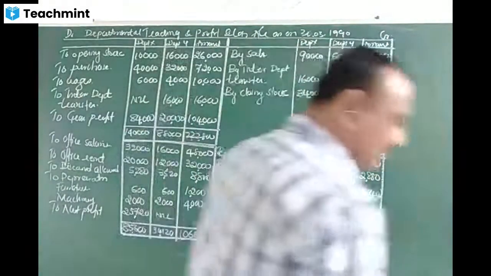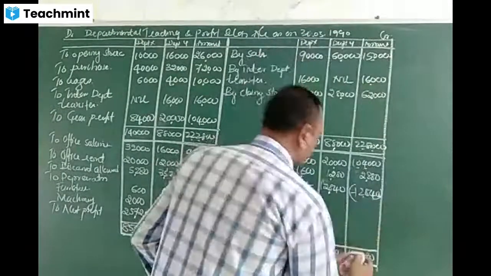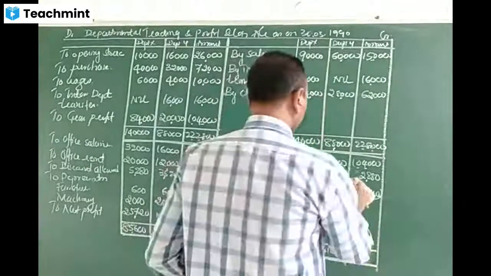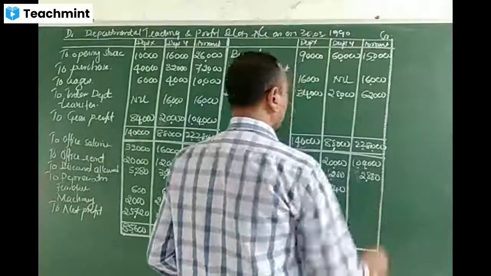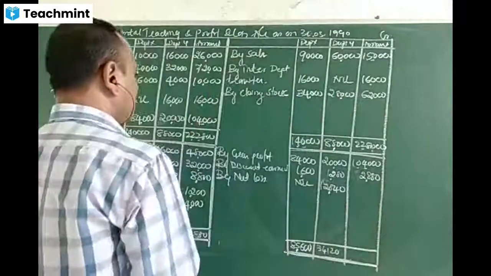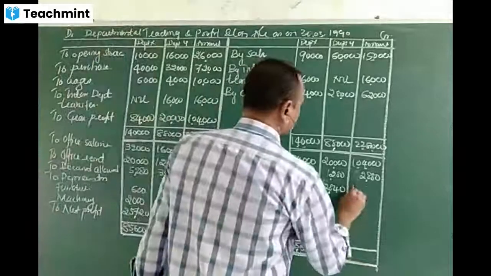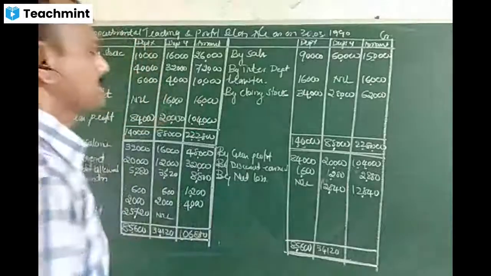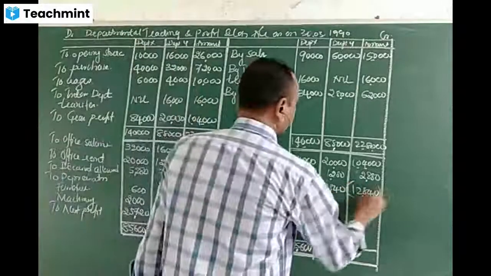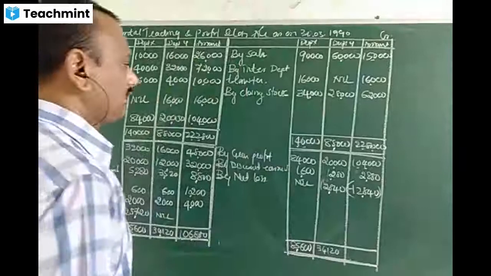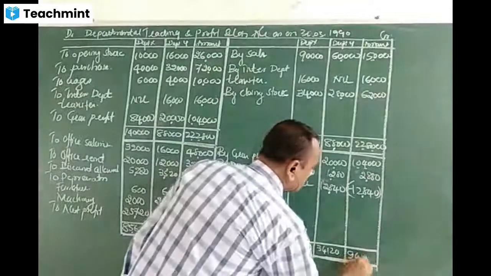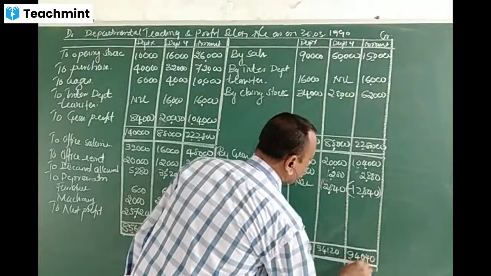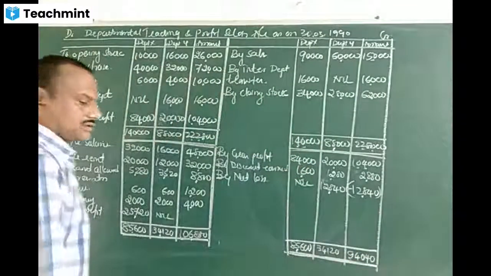Sorry, therefore the total should be changed. It is 94,040. Yes, sir. Okay, 94,040.